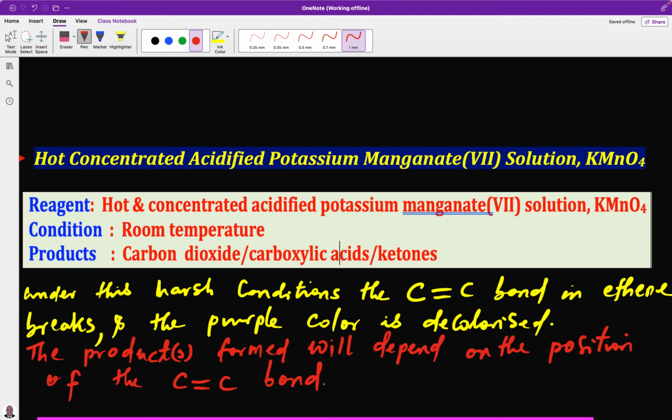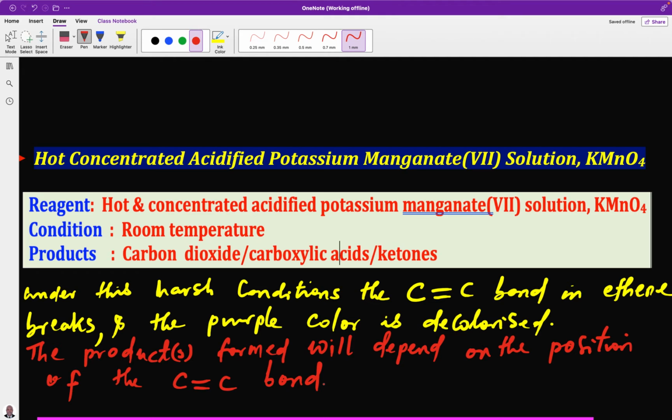So that is what happens when an alkene is reacted with hot, concentrated, acidified potassium manganate(VII) solution.